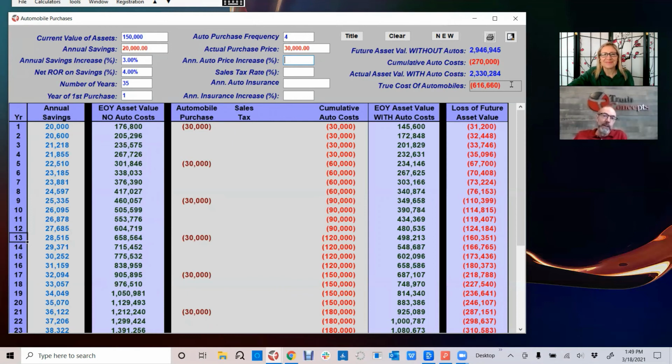In this case, we avoided the interest payment directly with the financial institution at the expense of financing it with our future assets. So the cars, while cumulatively only $270,000 worth of cars, had an impact on our future assets of $616,000, because it includes both the principal of those cars plus the interest lost by taking it out of this asset over that time frame.